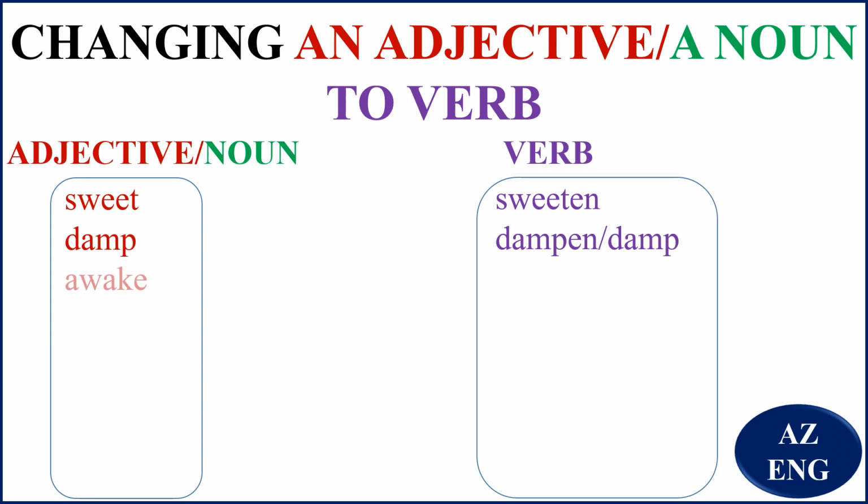Awake, if you're awake, that is, you are not asleep. So like someone is asleep, what do you do? You awaken them. And here too we can use awake. So awake him, that is, wake him up. Awaken him, wake him up. Or I awaken, that is, I wake up.